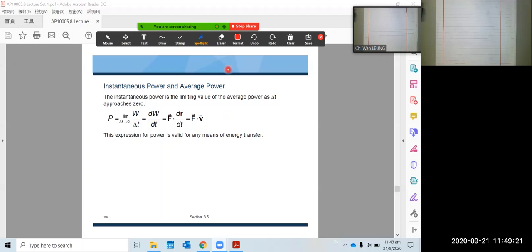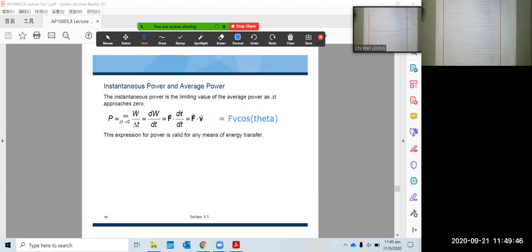This operation, once again, would be equivalent mathematically to F times V times cosine theta, where theta is the angle between velocity and the force. F and V are the magnitudes of the force and velocity respectively.